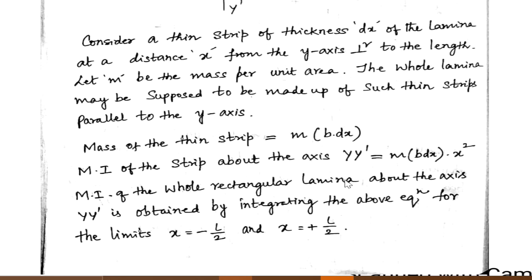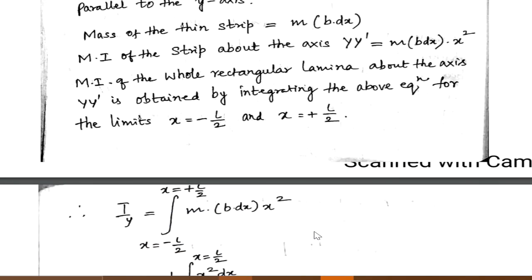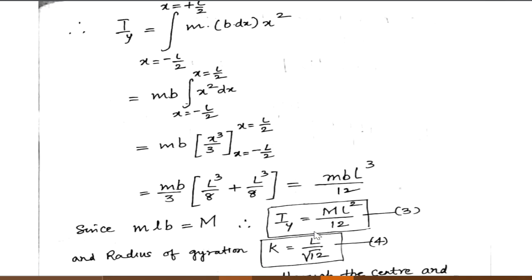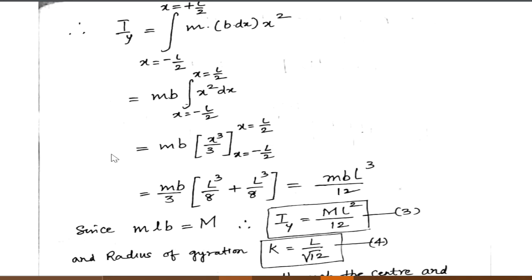Moment of inertia of the whole rectangular lamina about the axis YY dash is obtained by integrating the above equation for the limits x is equal to minus L by 2 and x is equal to plus L by 2. So your next step is Iy is equal to integral m into b dx into x square between the limits x is equal to minus L by 2 to x is equal to plus L by 2.